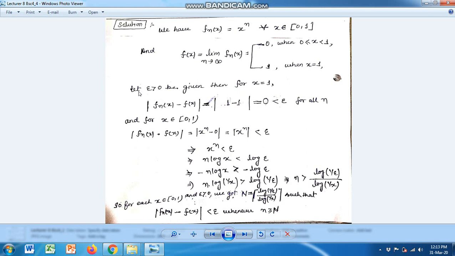Let epsilon be any positive number, that is, greater than 0. Then for x equal to 1, f_n(x) minus f(x): f_n(1) is 1, and the limit of f_n(x) is also 1. So 1 minus 1 is equal to 0, and 0 is always less than epsilon for all n.